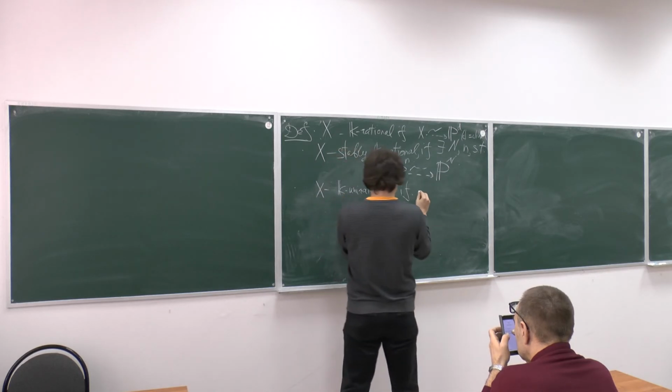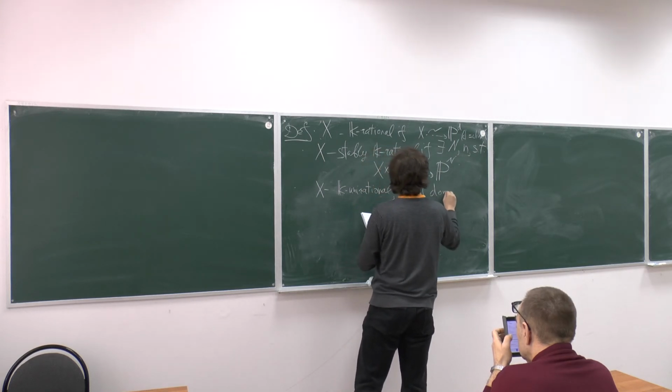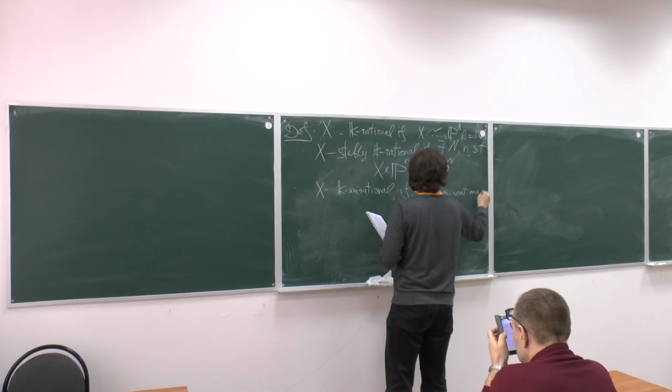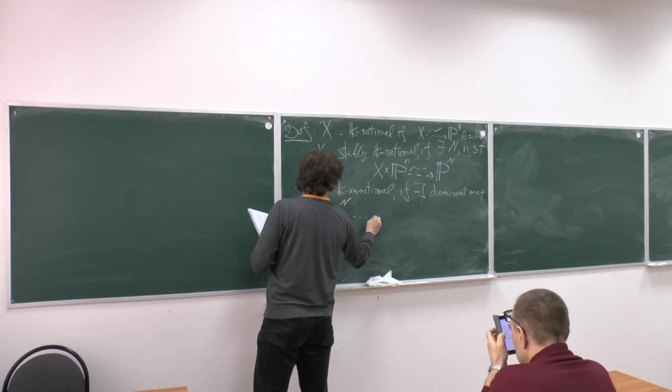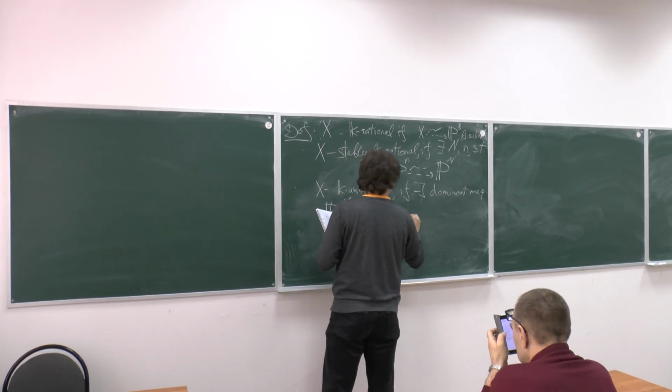if there is a dominant rational map from P^n to X for certain n.